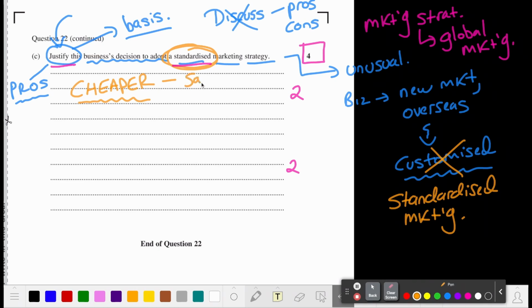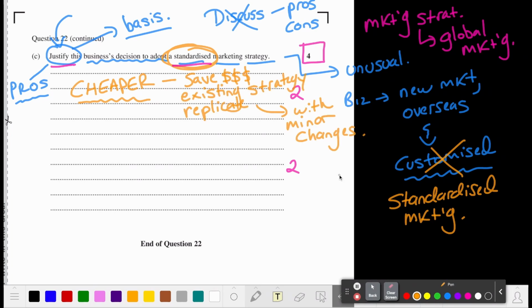So you will save dollars because you are using maybe some minor changes, but not major things, so there is no need to customize it or create something from scratch. So that would be one. And you would say that this guitar manufacturer can just use its existing strategy in the new market.